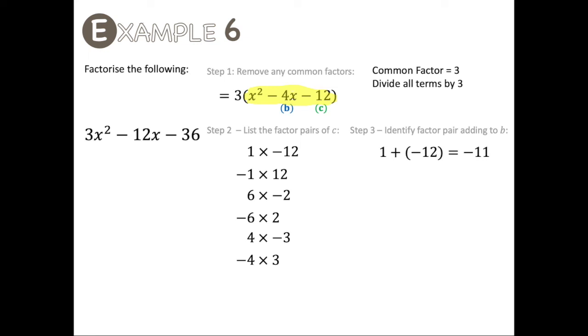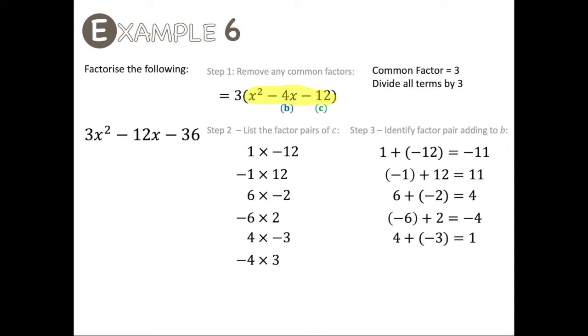So going through each pair, 1 plus negative 12 is negative 11, negative 1 and 12 add up to 11, 6 plus negative 2 is equal to 4, negative 6 plus 2 is equal to negative 4, 4 plus negative 3 is equal to 1, negative 4 plus 3 is equal to negative 1.